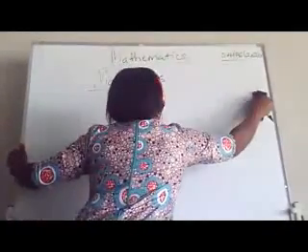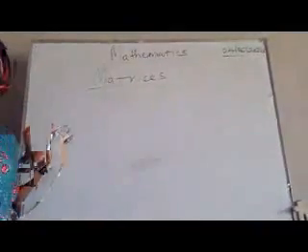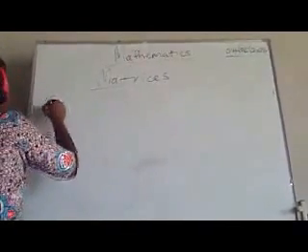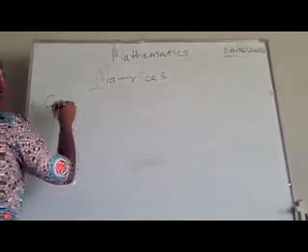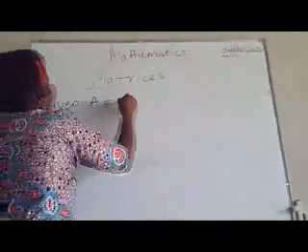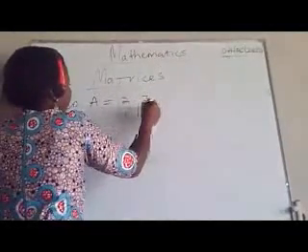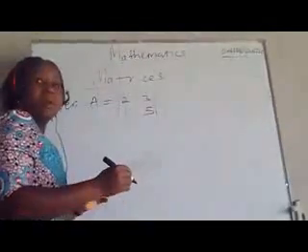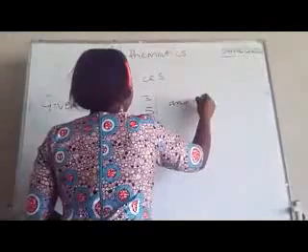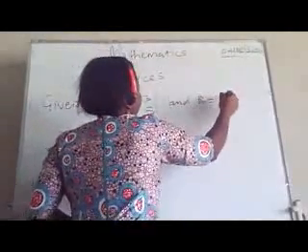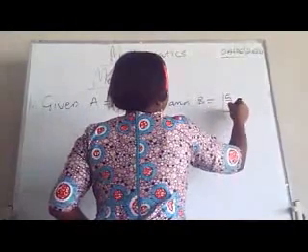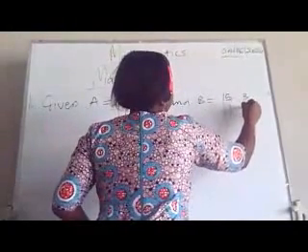Example, under addition and subtraction of matrices. Given example 1, given A equal to 2, 3, 1, 5, and B equal to 5, 1, 3, 4.